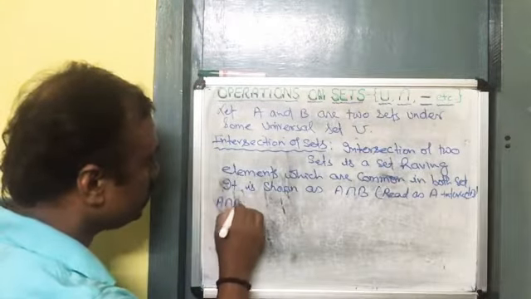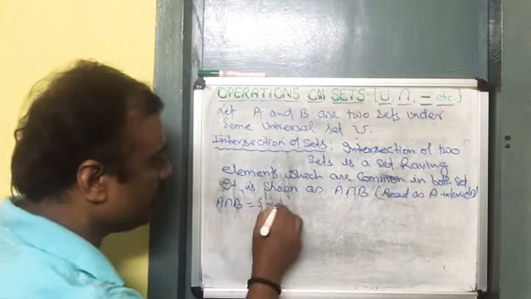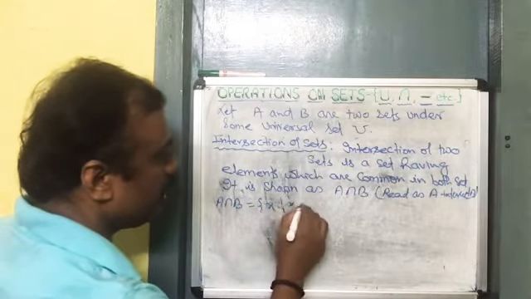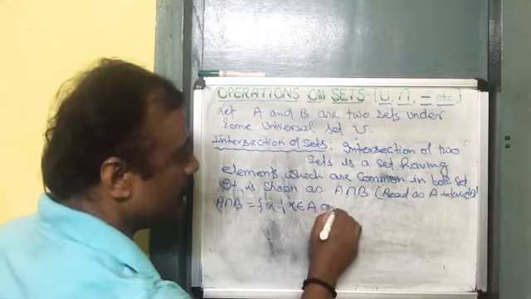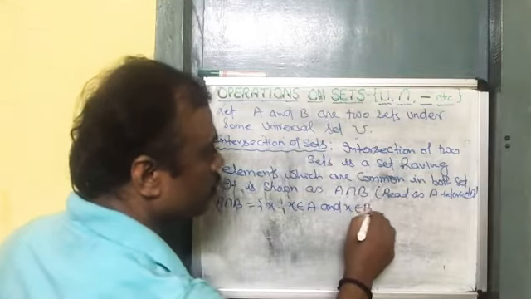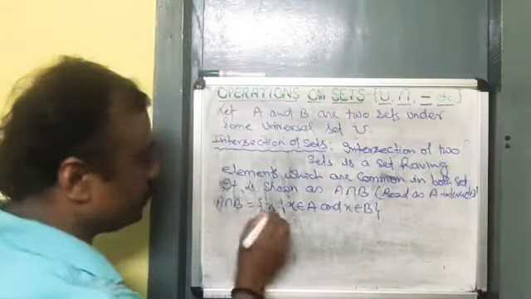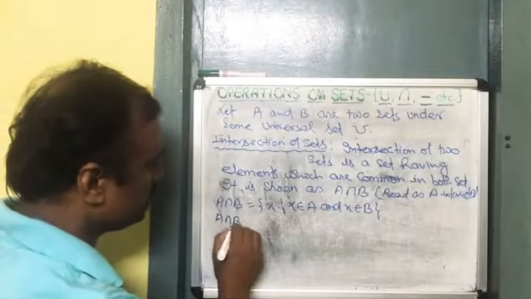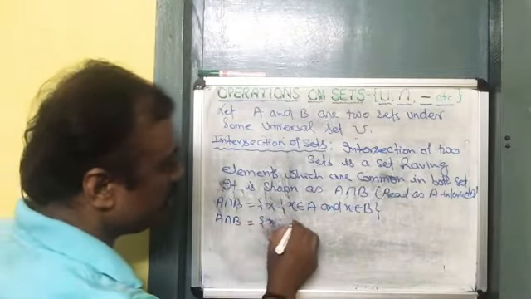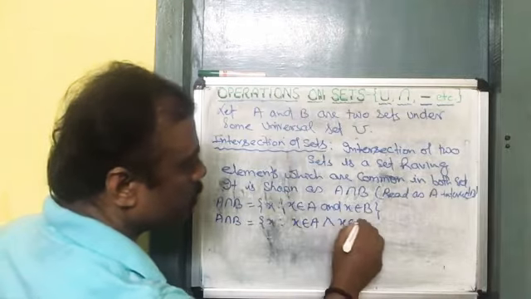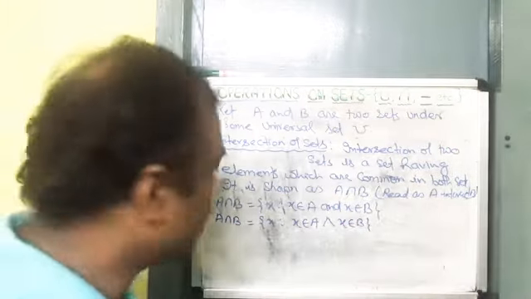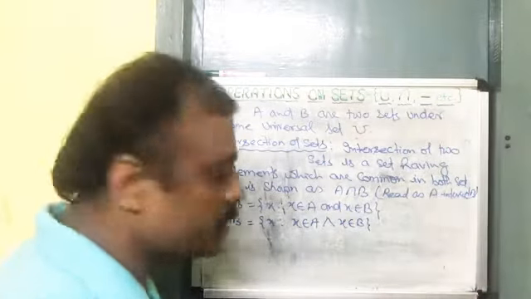A intersection B will have the elements x such that x belongs to A and x belongs to B. It means the common elements. We can represent it in another way: A intersection B, x such that x belongs to A, and this AND symbol can be written in this way also, x belongs to B.